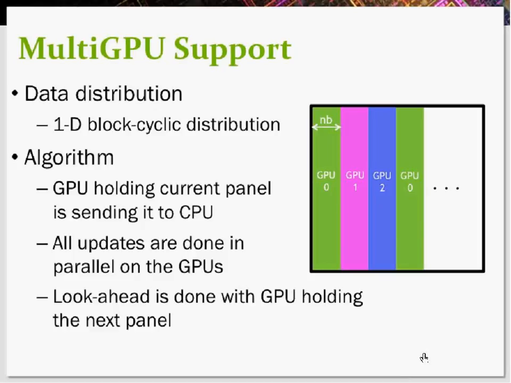Now about multi-GPU support, if it's on a single node with multiple GPUs, the block cyclic distribution is the best. So you would get a chunk of the data and this is what it will work on, then GPU 1, GPU 2, and then the cycle. The GPUs take their part and the next GPU takes another.